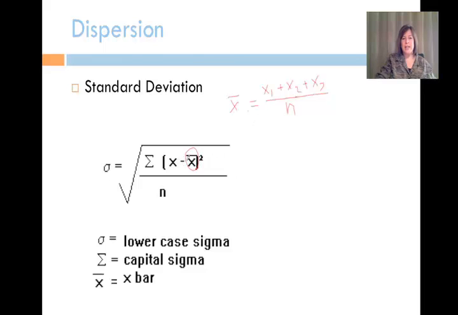Subtract the mean from each score that you have. So the first one would be x1, then x2, then x3. Subtract that. This stands for squaring that difference.